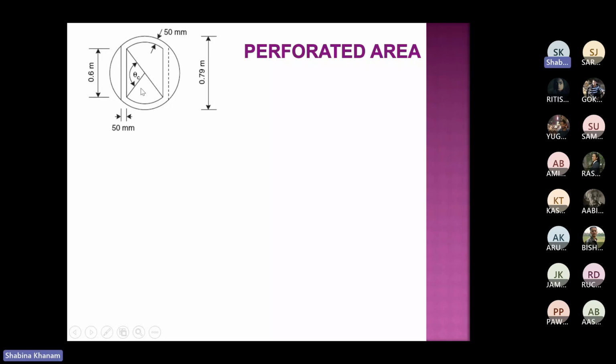Theta c we have already discussed. 50 mm is the calming zone thickness, as you can see, and this is also 50 mm. This is basically the part of the support ring, which is 50 mm, and 50 mm is again the calming zone area. So 0.79 is the column diameter, and 0.6 meter is the weir length that we have already seen.